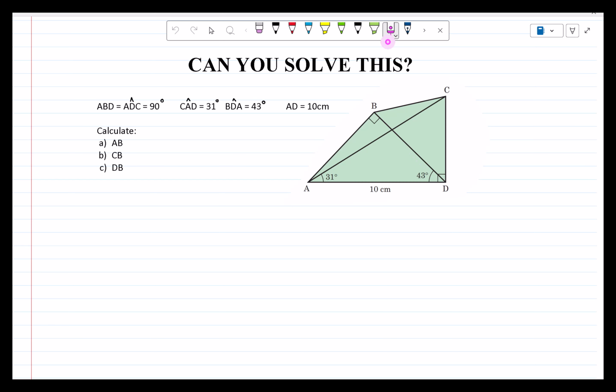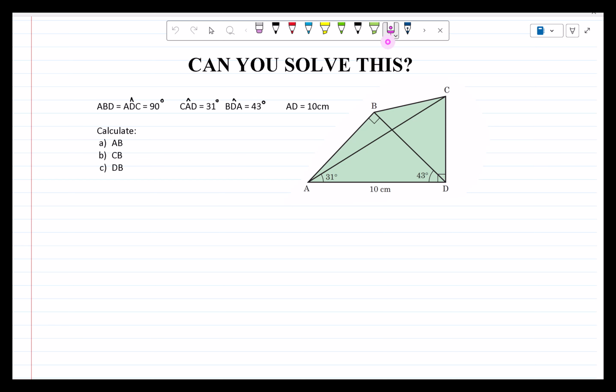And we're given the length AD to be 10 centimeters. And we're asked to calculate AB, which is this side. And we're supposed to also calculate CB, which is this side. And lastly, DB, which is this length right there.